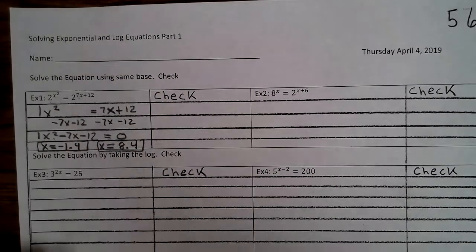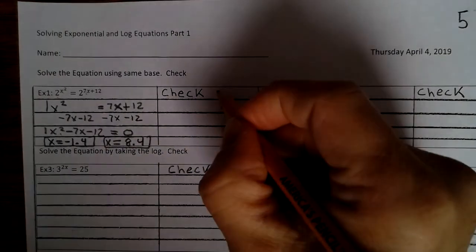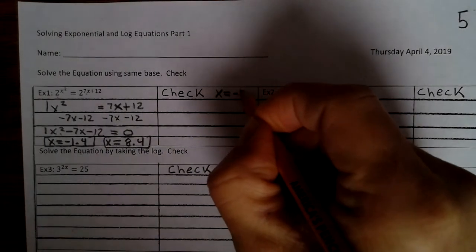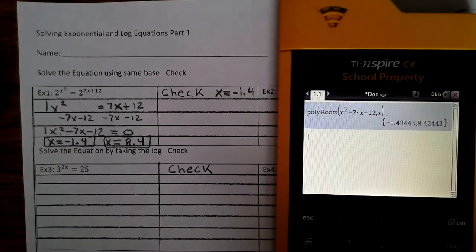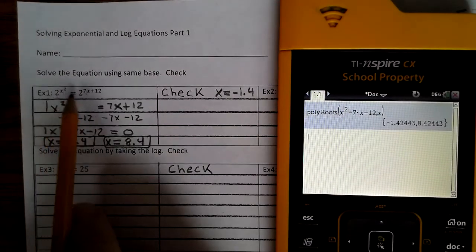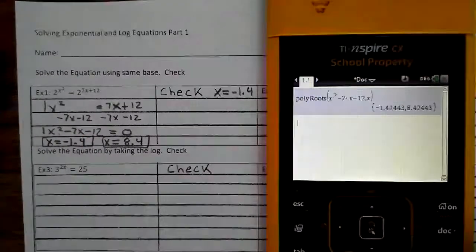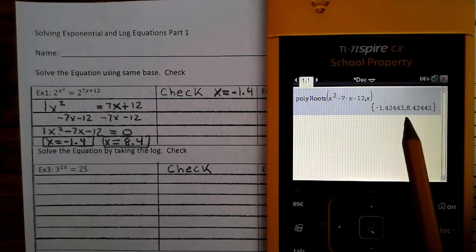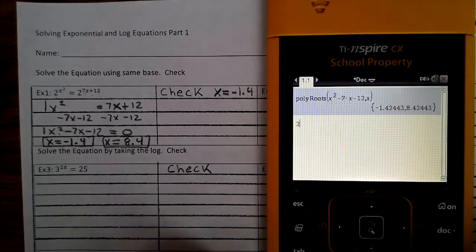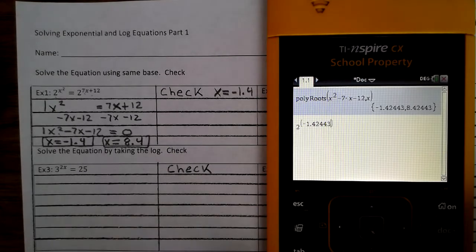All right. Now we're going to check, and we're going to start by checking x equals -1.4. To do that, we need to plug this number back into the left side and the right side and see if they're equivalent. But we can't use the rounded number. We actually need to use this number. So we're going to do 2 raised to the parentheses -1.42443 squared.